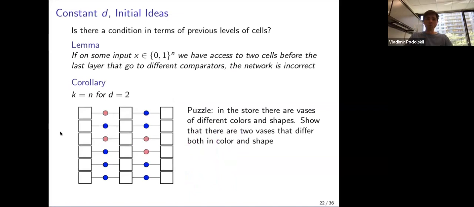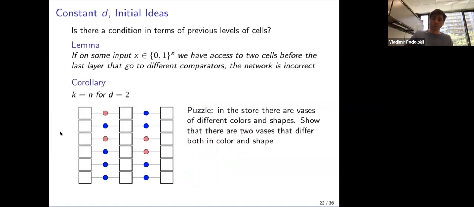Then let's move on to D equals 2, depth equal to 2, and for that we would like to slightly improve our condition. Our previous sufficient condition for the network to not work correctly was related to cells on the output.